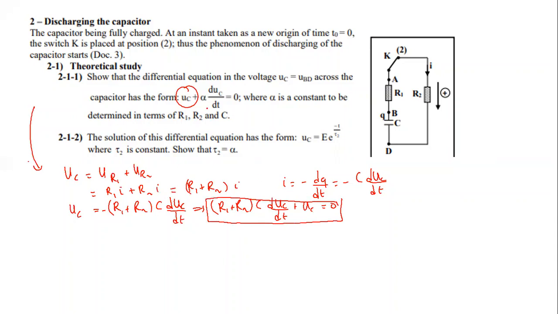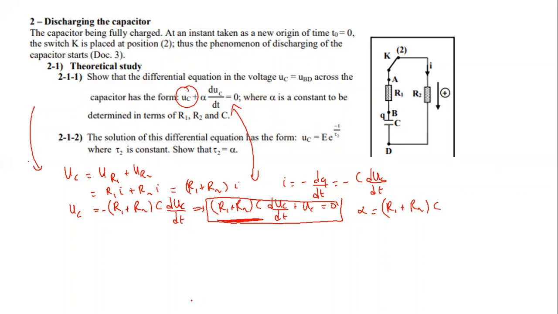So yes, it's of the form UC plus alpha duc over dt equals 0. And the question is to determine alpha. So by identification of these two equations, I'll get that alpha equals R1 plus R2 times C.